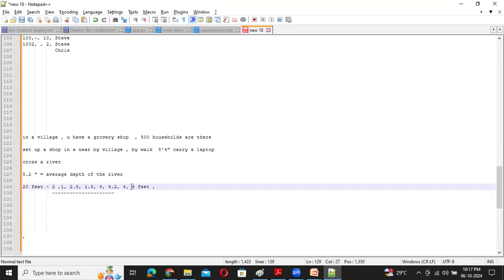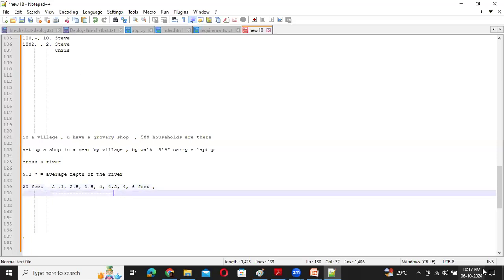So initially you're tempted to think, hey, we'll go by walk. Why should I hire a boat? But after seeing that the data is too volatile, somewhere it is 1, on the other hand we can see the 6 feet. Outlier is there. So better let us go by boat instead of going by feet.